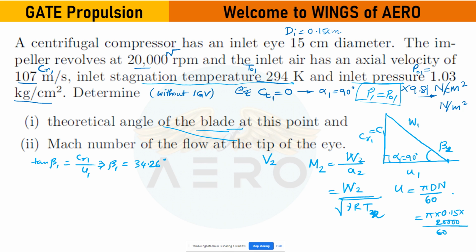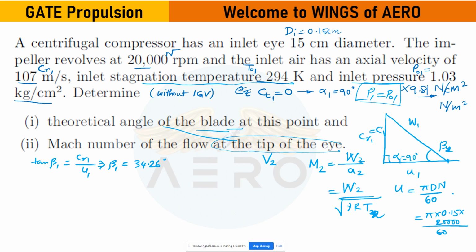Now question, just see here the Mach number of the flow at the tip of the eye. That means when it is entering. Okay, the question, just read it very carefully. When it is entering into the eye, not leaving. Okay, this is what they are asking, when it is entering.